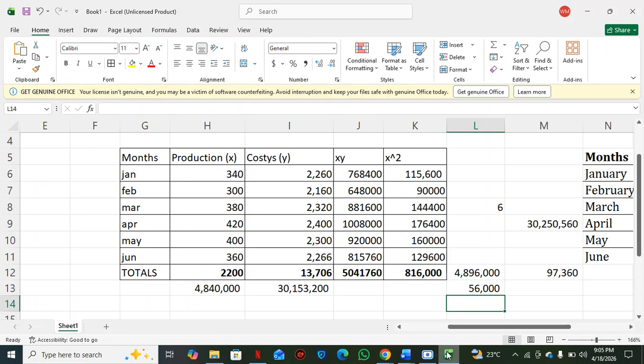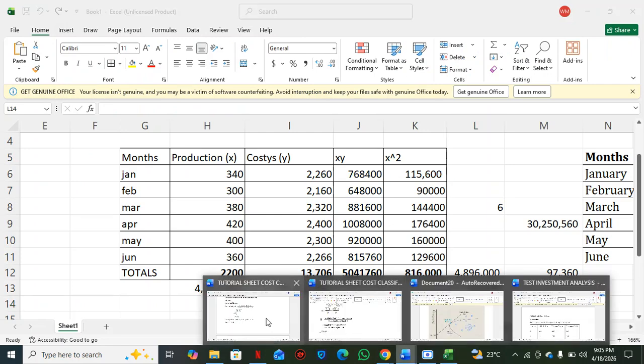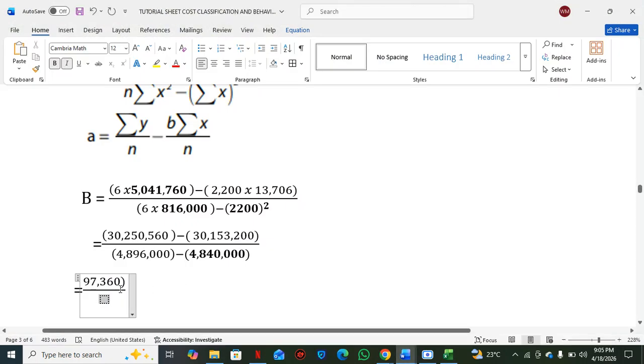So 56,000 here. Then 97,360 divided by 56,000.